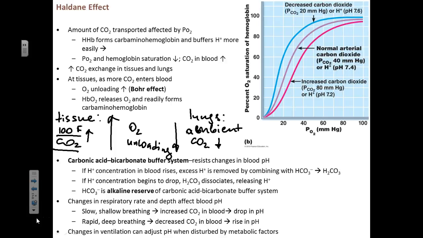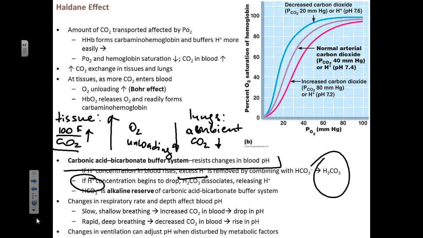Okay? Now, bicarbonate is an important buffer system in the blood. Okay? So if there is an excess of protons, carbonic acid is going to be formed. And it resists the change in pH in response to acidosis.